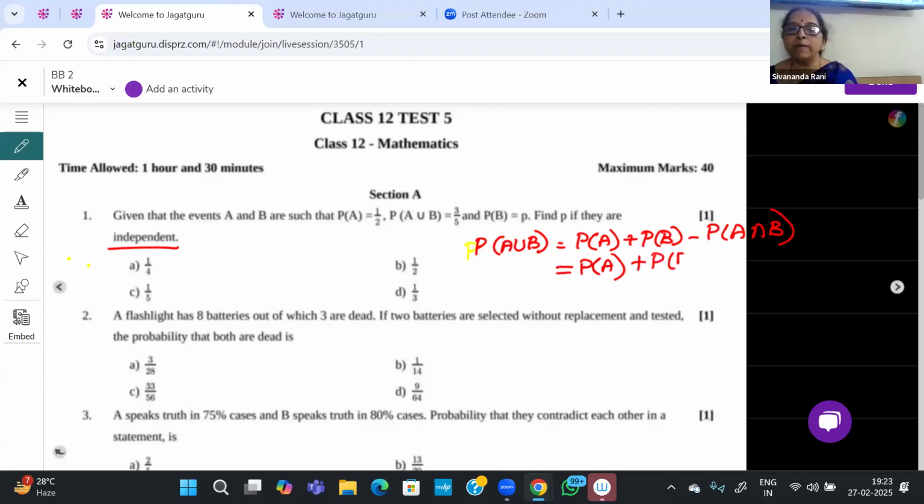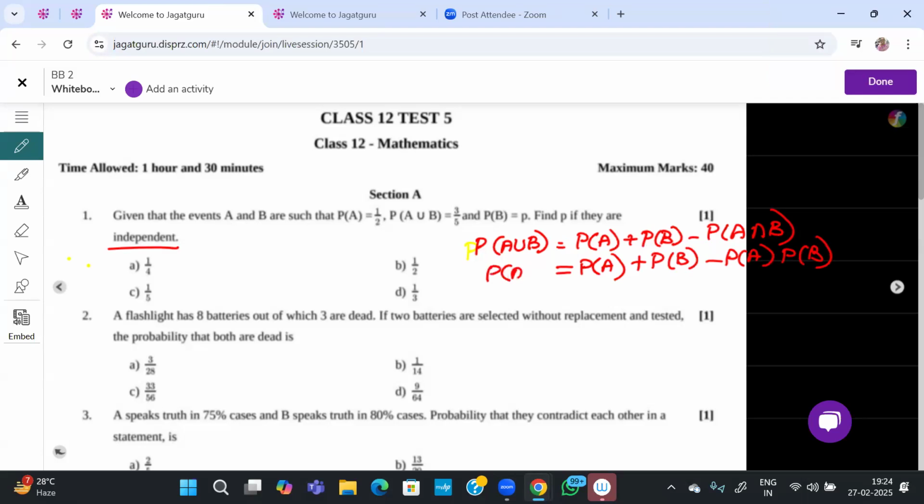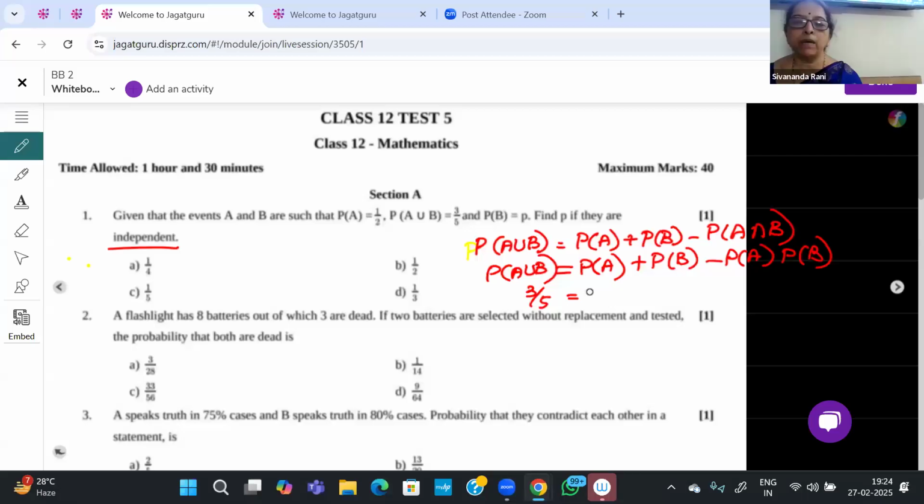So where can we use the independence concept? Only in the last term, right? So I can write the last term as P of A into P of B. I think we are given everything. You said 1 by 5, and you said 1 by 4, so you've given two different answers. Let's check. P of A union B is 3 by 5. Vinay got 1 by 5.